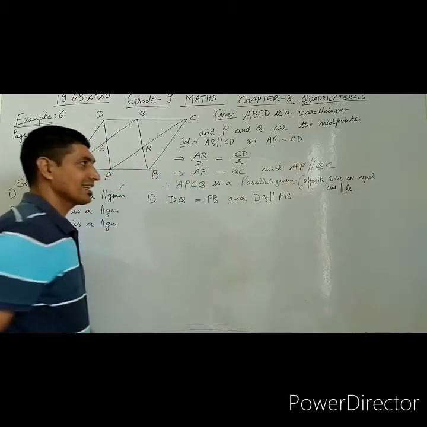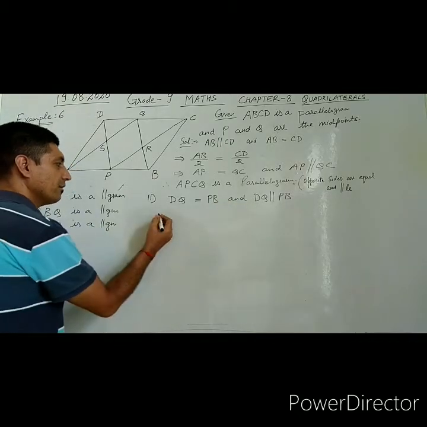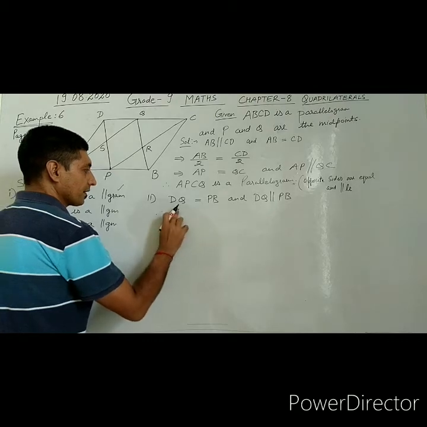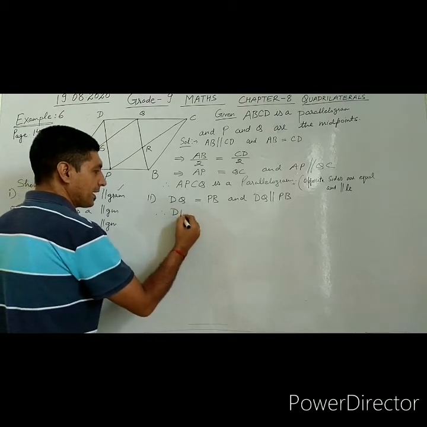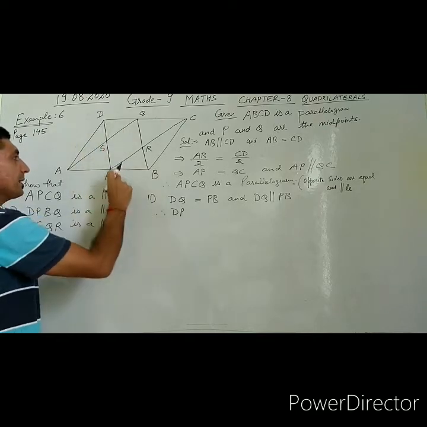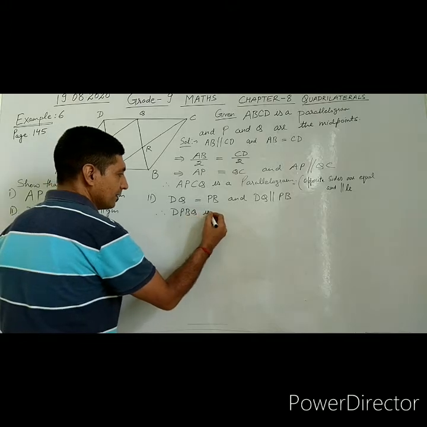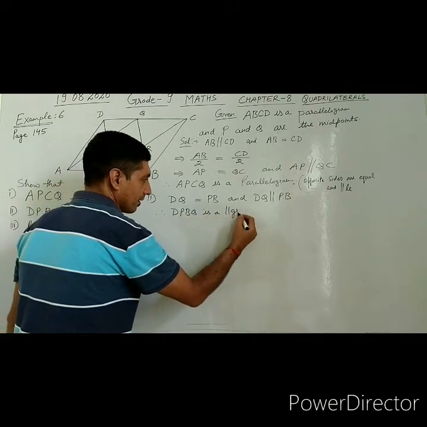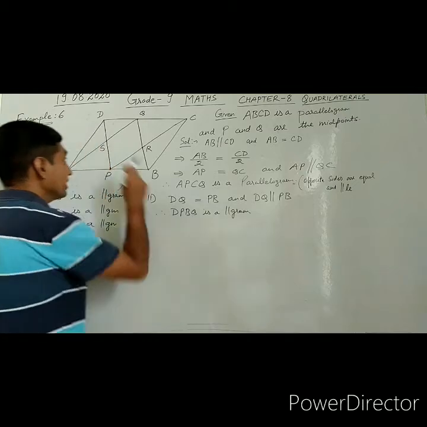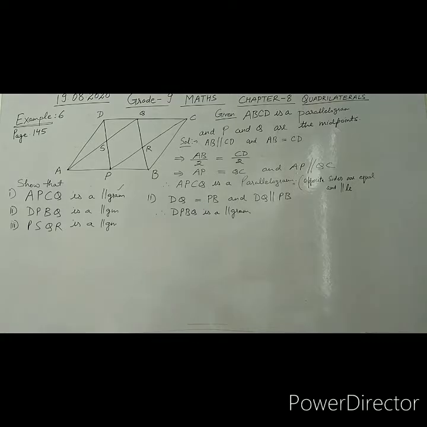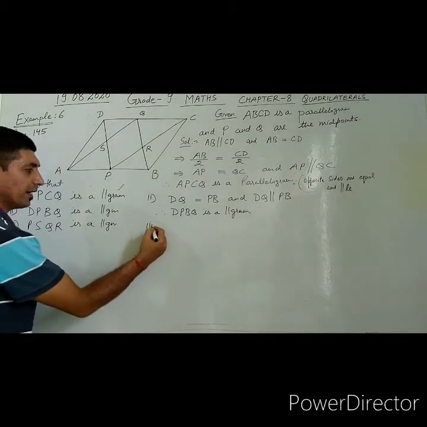Same, opposite sides, if they are equal and parallel, therefore this quadrilateral DPBQ is a parallelogram, right? Now if these points are S and R, now we want to prove that PSRQ is also a parallelogram, right? The third part.